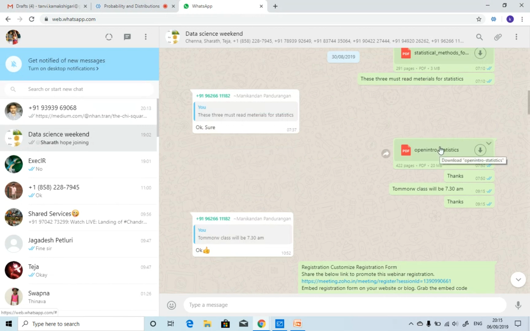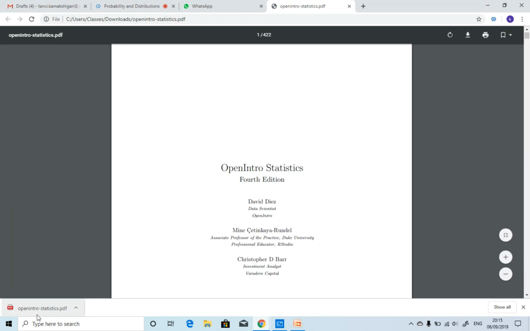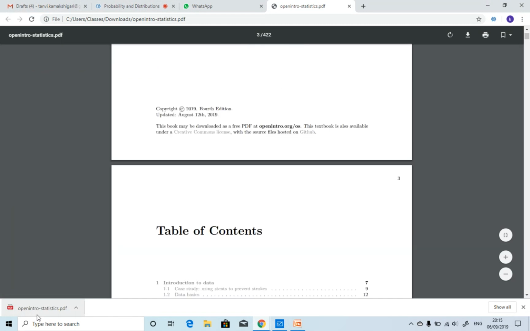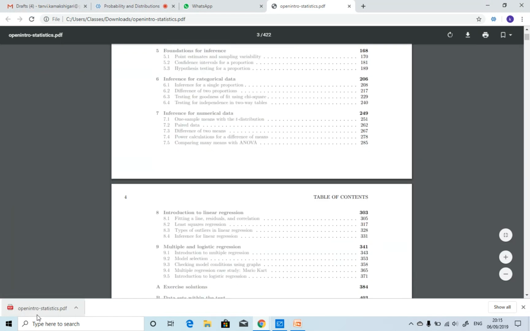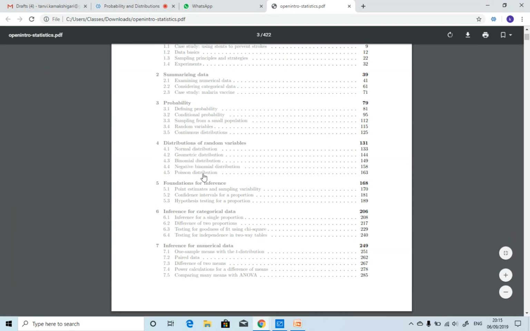Go to this book and open the chapter. Everybody should read it, otherwise I will not accept it seriously. Here we have the distribution of random variables. We have done the binomial distribution and Poisson distribution. We have the negative binomial distribution, which we will talk about tomorrow, the geometric distribution and the normal distribution. This fourth chapter you must read and come seriously.